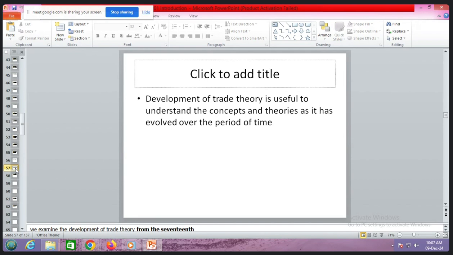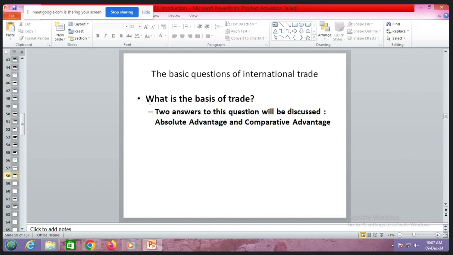So we look at the history of trade theories not to study it as history, but to understand it as concept. As I told you, we are moving from simple to complex theories, and that's the reason why we have to study these theories from the beginning.